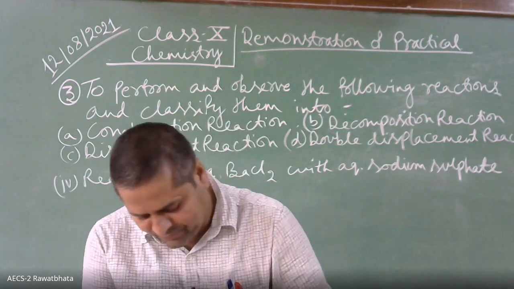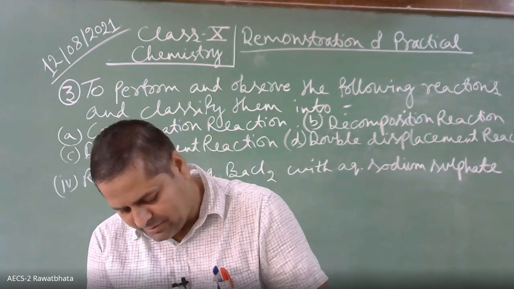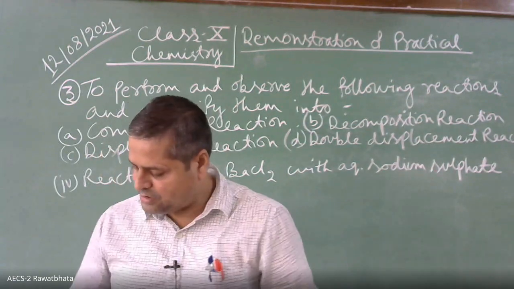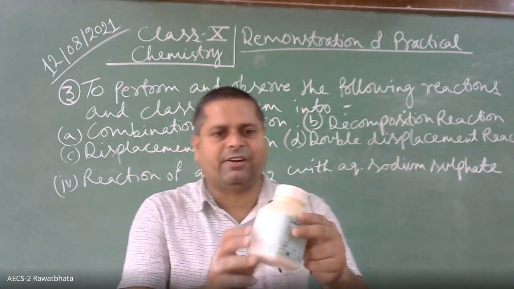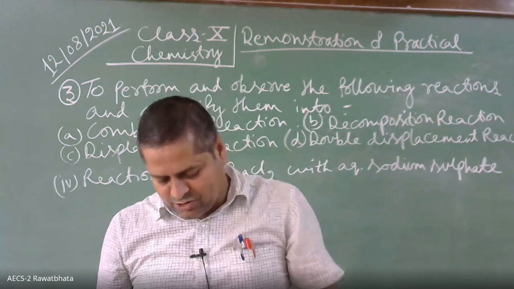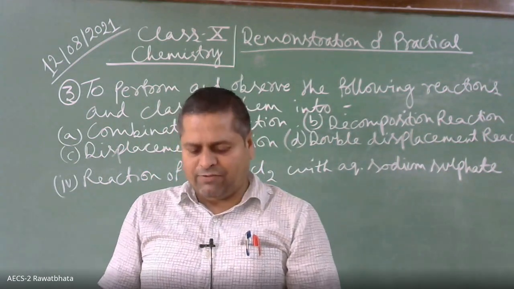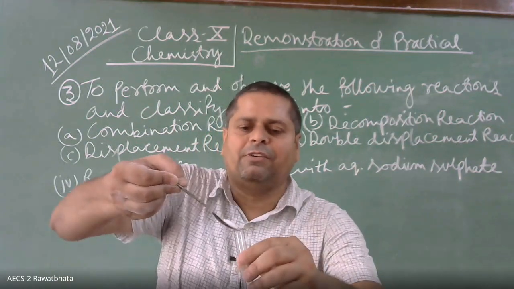Now we will take sodium sulfate in another test tube and add water into it. This is sodium sulfate, Na2SO4, can you see, children? We will add a little sodium sulfate in the test tube.